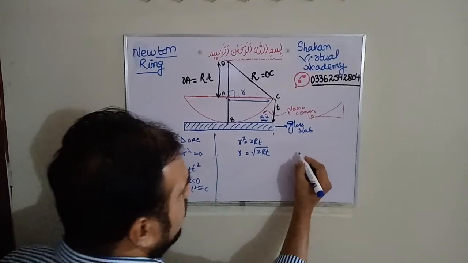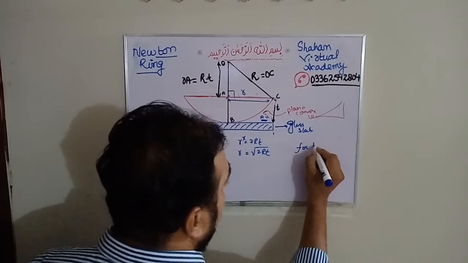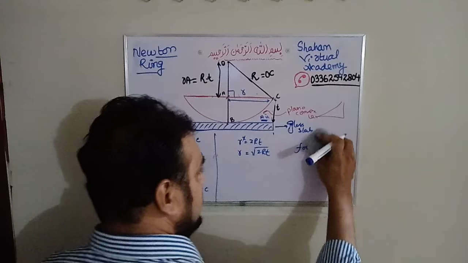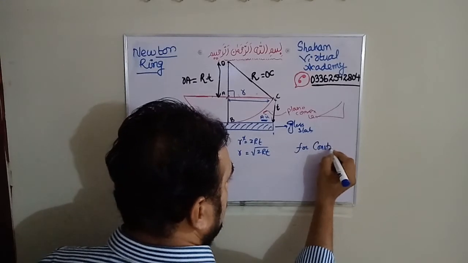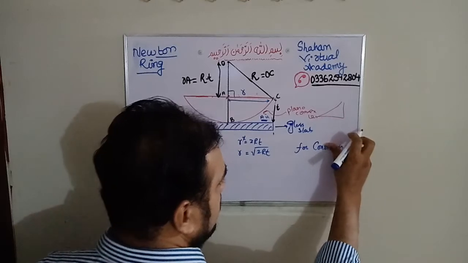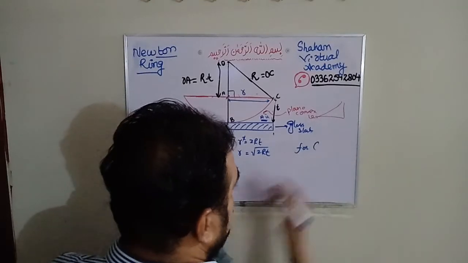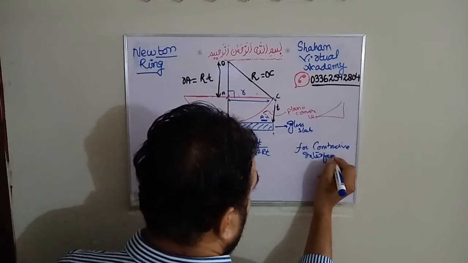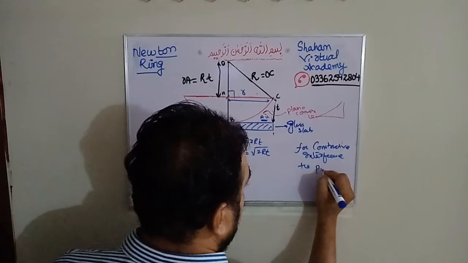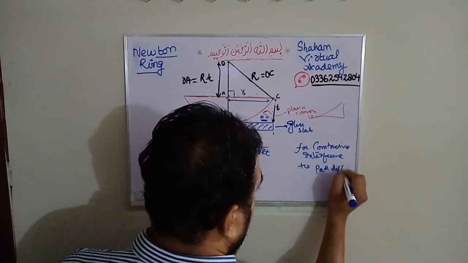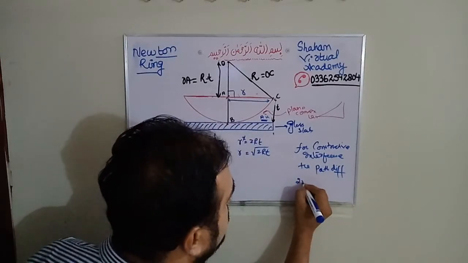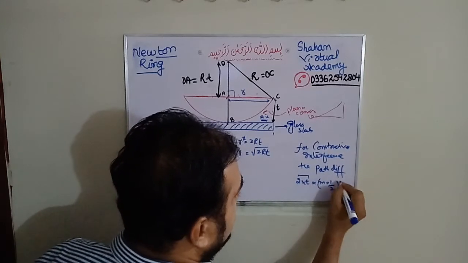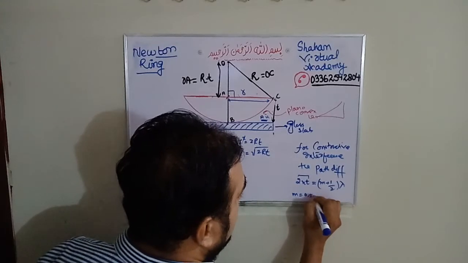For a bright ring, for constructive interference, the path difference 2nt will be equal to (m plus 1 upon 2) lambda, and the value of m will be 0, plus minus 1, plus minus 2.